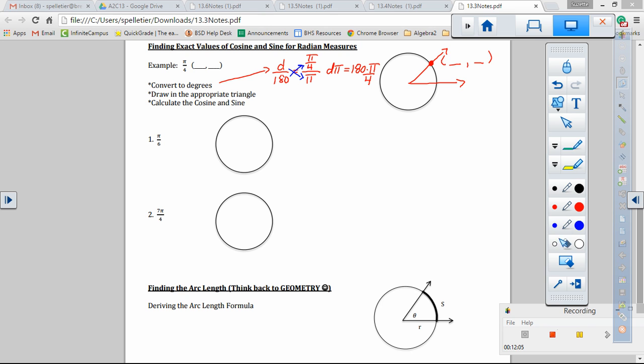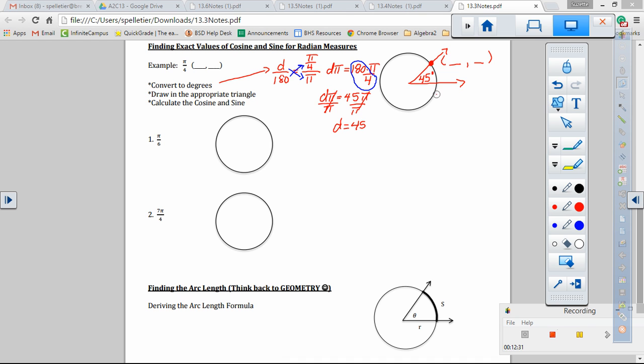So now I'm just going to do 180 divided by 4, and we'll leave the pi out, remember? D pi equals 45 pi divided by pi. So d equals 45. So this is a 45-degree angle, okay? So draw the appropriate triangle.